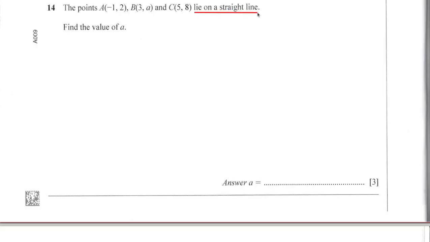Now, what topic was this? This is a topic on coordinate geometry. But then it's being linked, or rather combined, with another topic called collinear points, whereby we prove the two vectors are parallel to each other.